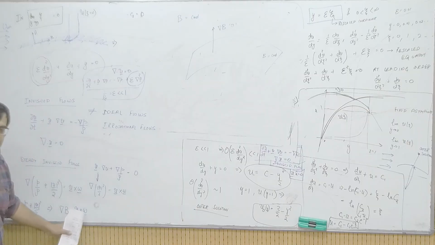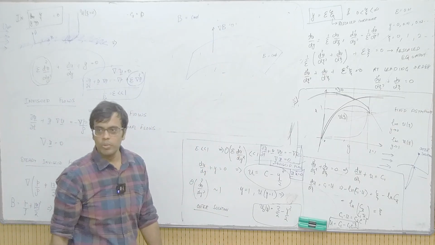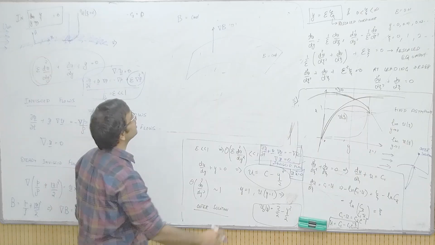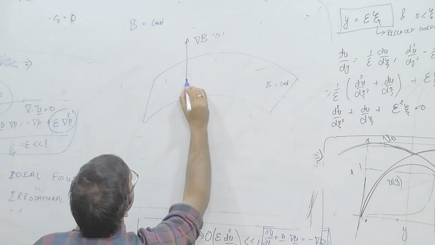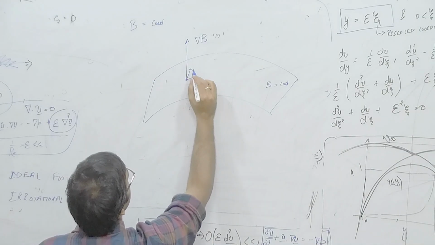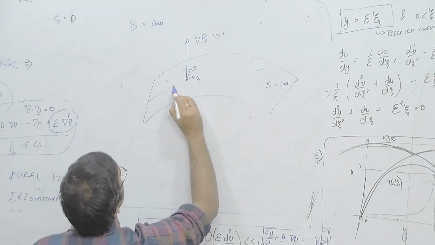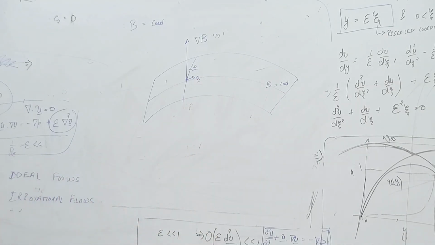So if grad b is perpendicular to both u and omega, that means locally at this point, u and omega may not be perpendicular to each other, but the lines which define this u and omega will be inside this b equal to constant plane. Okay, the lines of u and omega will be forming the b equal to constant plane.